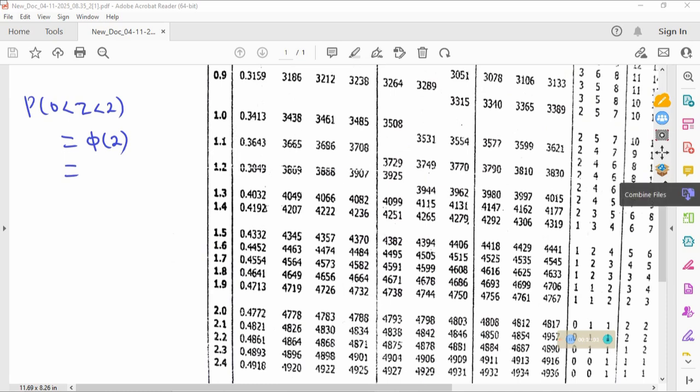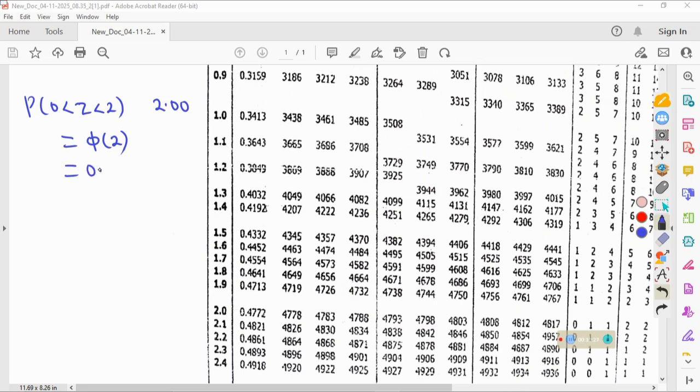In other words, you are simply taking the value for 2.00. This is the column for 0, the column for 1, the column for 2, the column for 3. So 2.0, then 0 is this value.